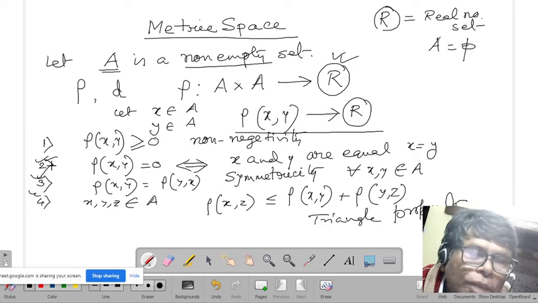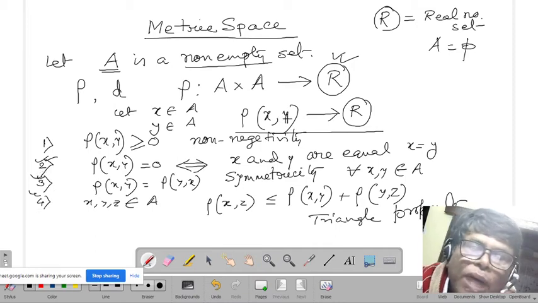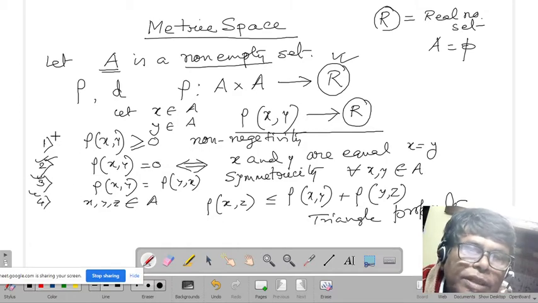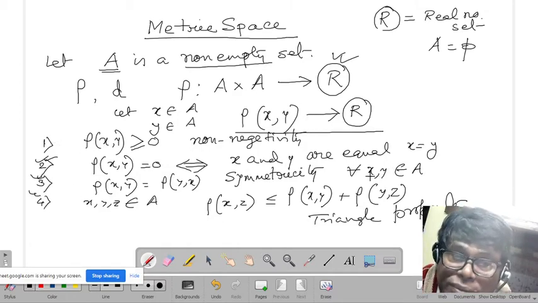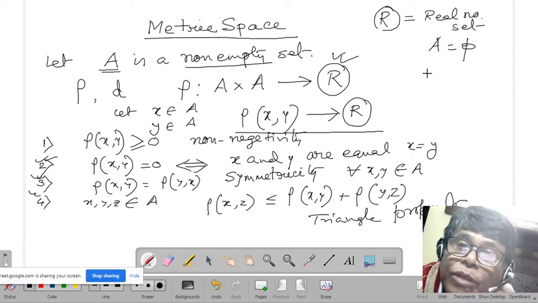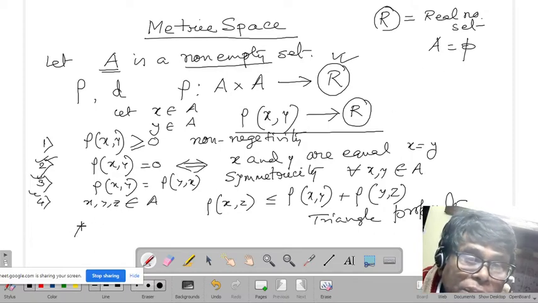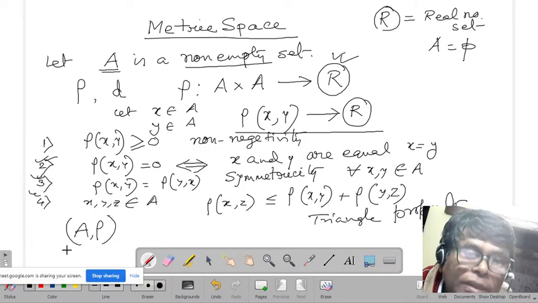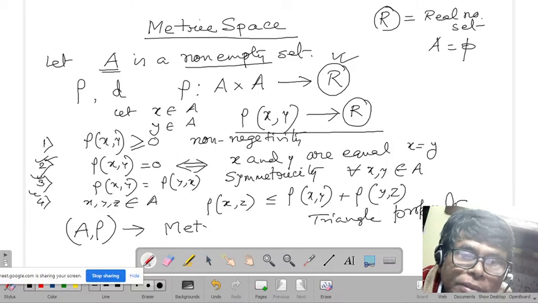Now you see, if we consider the first and the third, then it easily follows the fourth. So these 3 are independent, we can call them axioms, and the fourth one is not an independent axiom, it can be deduced from these 3. But rho must follow these properties, and if it does, then A and rho, that means this pair, is known as a metric space.